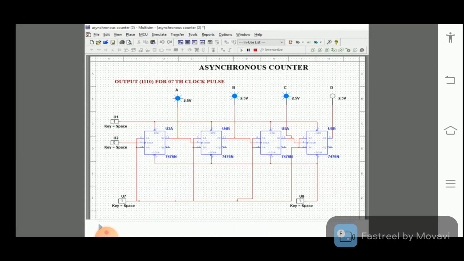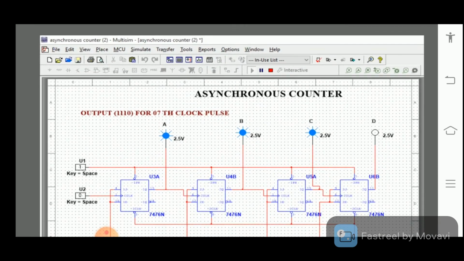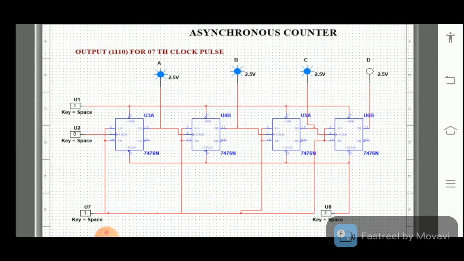From the component menu we can take the 7476 IC and the LEDs for indicating our output, and also for giving the input we take a constant value key, as indicated in the diagram. That is also taken from the components in Multisim.